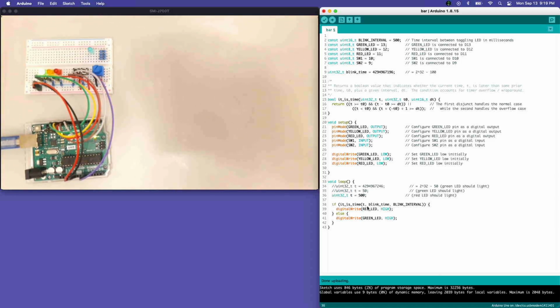So 500 should exceed blink time plus blink interval. So the 100 that we have left to get to 2 to the 32nd, and then you subtract that off of blink interval, so the 500 should exceed basically the 400 that's left, and so we should see, in this case, the red LED light up, and it does.